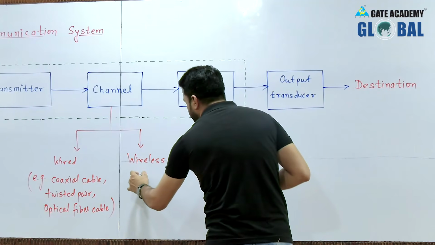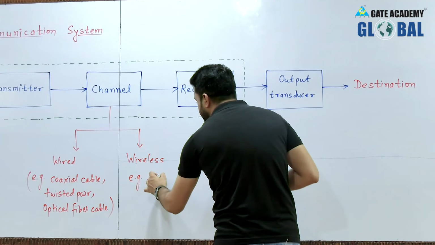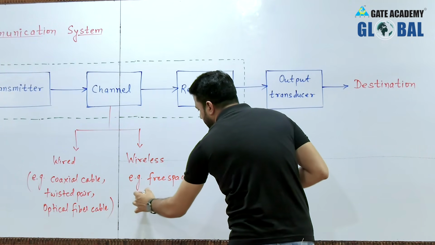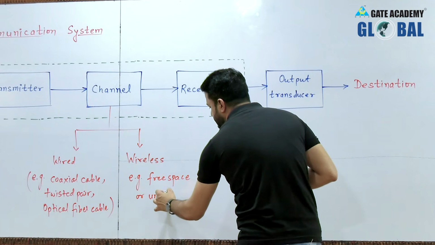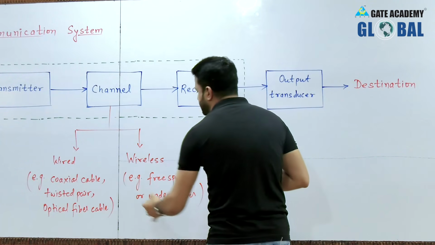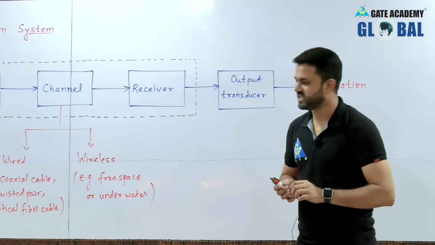Wireless can be free space or underwater transmission. These may be examples of wireless channel.